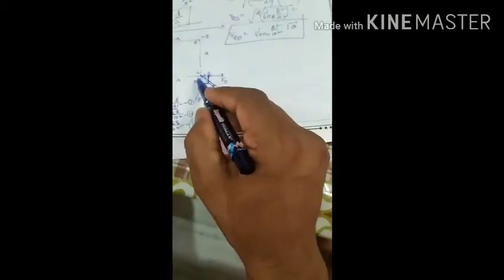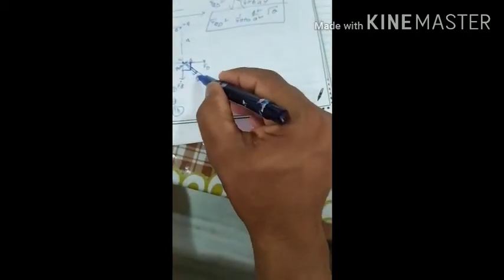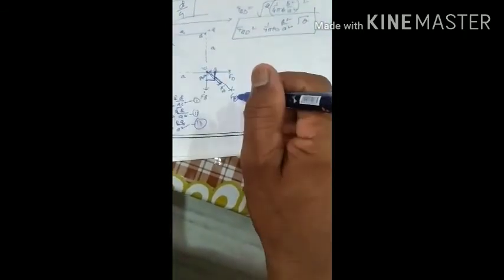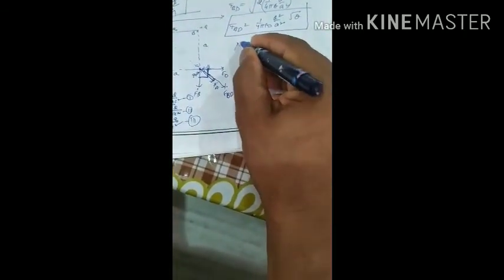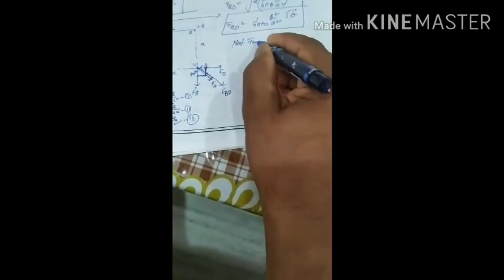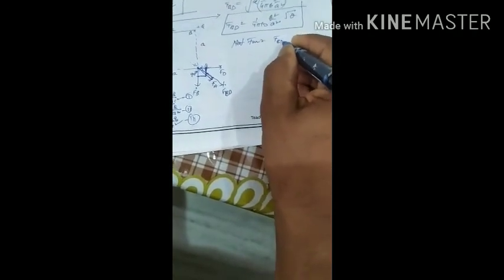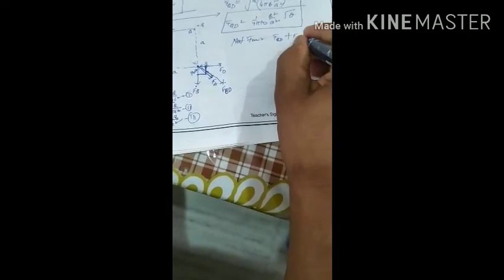Now from the figure it is clear that FBD and FA are both in the same direction. If the direction is the same, the net force will be equal to FBD plus FA.